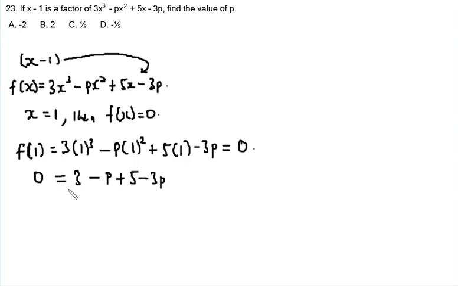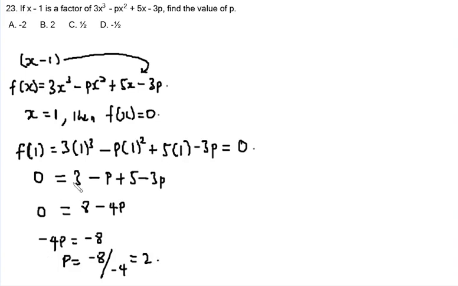So if you analyze this part, you have 3 plus 5, which is 8, minus p minus 3p is minus 4p, and this is equal to 0. So you have minus 4p is equal to minus 8, and then p is equal to minus 8 divided by minus 4, which is equal to 2. So the answer to this question is B.